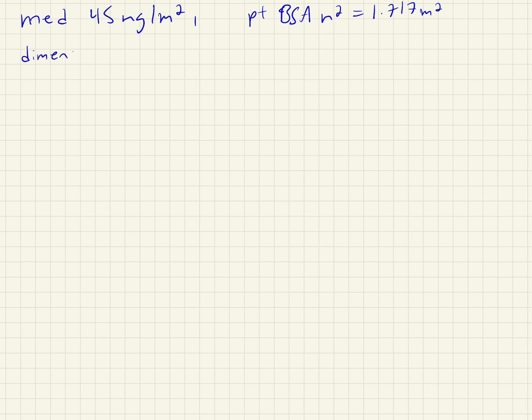So if we do dimensional analysis, we get 1.717 meters squared. You can throw that into a fraction that's just over 1, because dividing anything by 1 does not change the number. And we take that and multiply it by what our dosage is for this medication, which is 45 milligrams over meter squared.